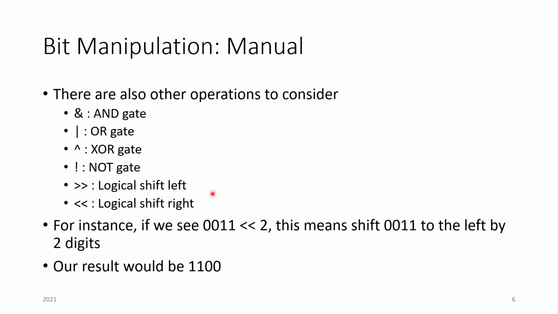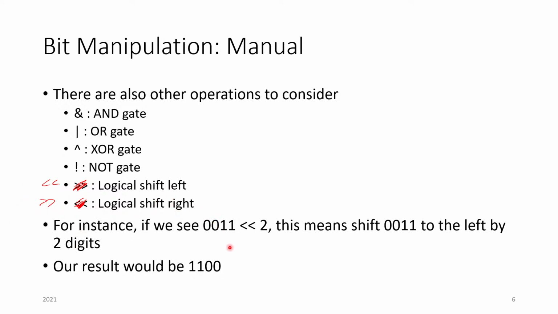And I have mixed up the symbols here. They're supposed to be the other way. So let's correct this. Logical shift left is supposed to be brackets to the left. Logical shift right is supposed to be brackets to the right.